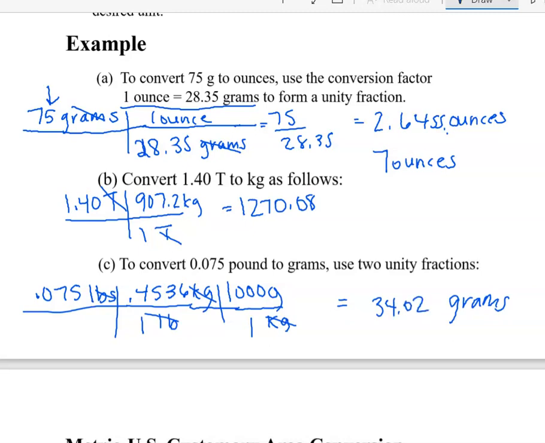Our least significant digit in the calculation is going to be in the thousandths place. We don't count the 1,000.